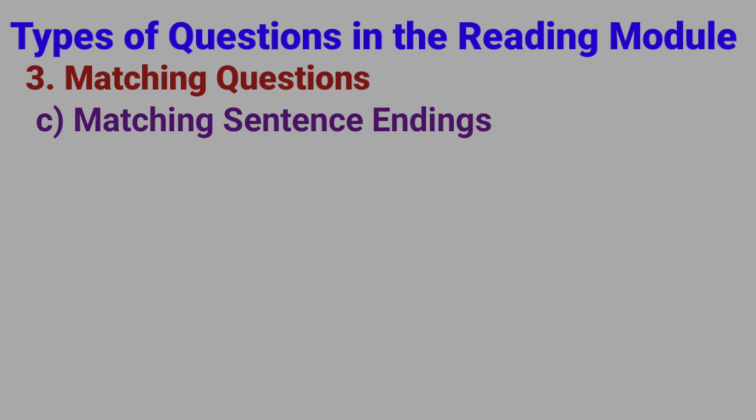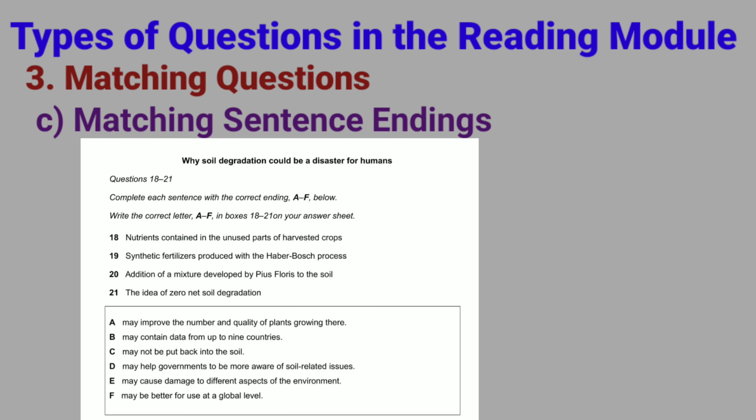For example, here the reading text is about why soil degradation could be a disaster for humans. Based on that, you can write the answers. Here questions 18 to 21: complete each sentence with the correct endings A to F below. Write the correct letter A to F in boxes 18 to 21 on your answer sheet.